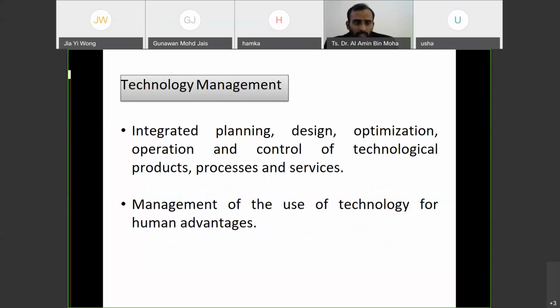So technology management itself is the integrated planning, design, optimization, operation, and control of technological products, processes, and services, or it can be and/or services. So we integrate all the planning, design, optimization, and operation, including the control, to manage them. So it is management of the use of technology for human advantage.